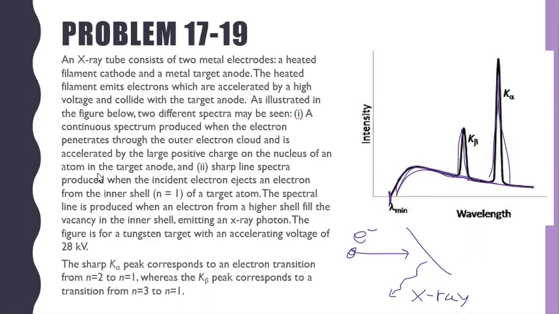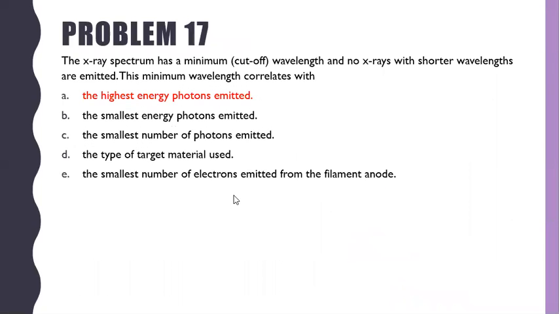Okay, so let's see what the question says. What does that minimum cutoff wavelength correspond to? Well, if I have a minimum wavelength, this corresponds to having a maximum frequency, because frequency is c divided by wavelength.